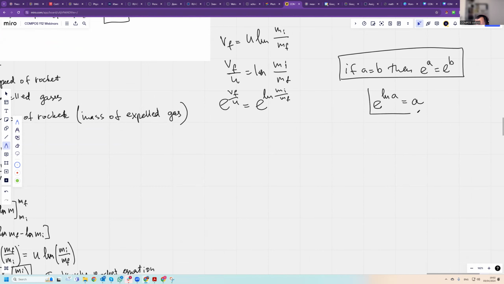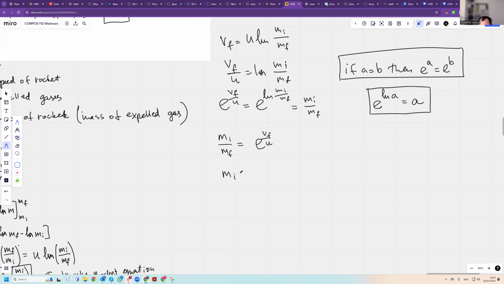That's the main logarithmic identity. So that is equal to mi over mf. Therefore mi over mf is equal to e to the power vf over u.